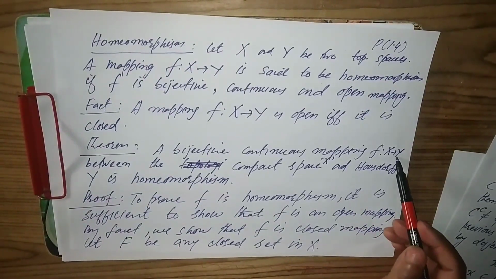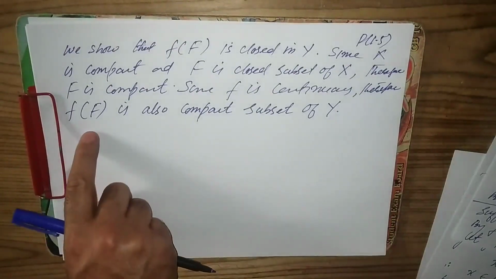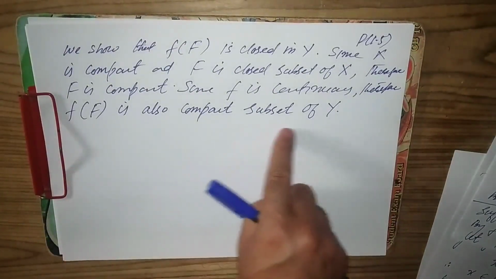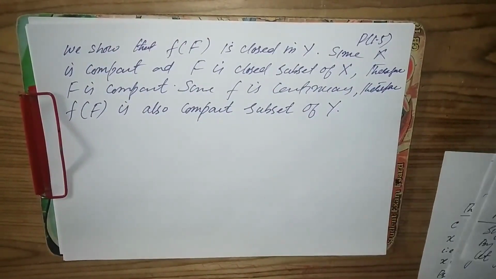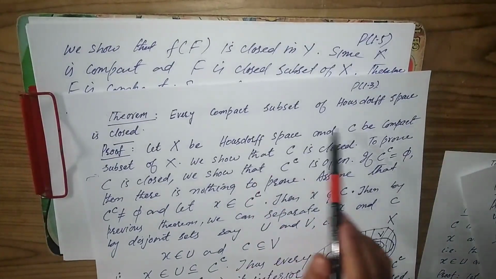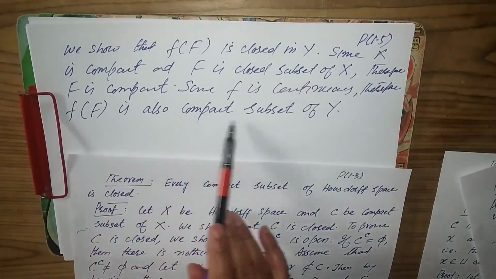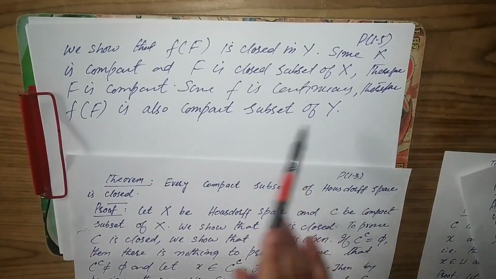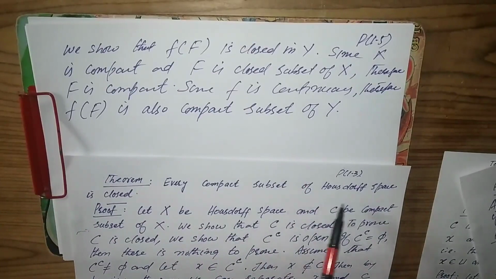So Y is a Hausdorff space, and f of F is a compact subset of a Hausdorff space. We have already proved that every compact subset of a Hausdorff space is closed. Therefore, f of F is a closed subset of Y.